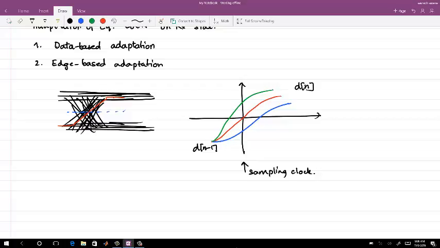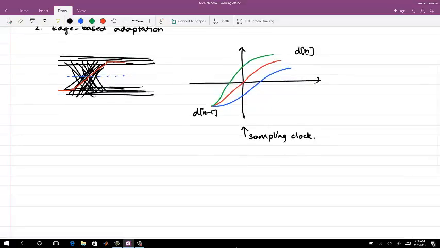Based on that, if I want to change my equalizer coefficient, let me write Cm of k plus 1 equals Cm of k minus, the regular method which we are doing here, which is LMS adaptation also.